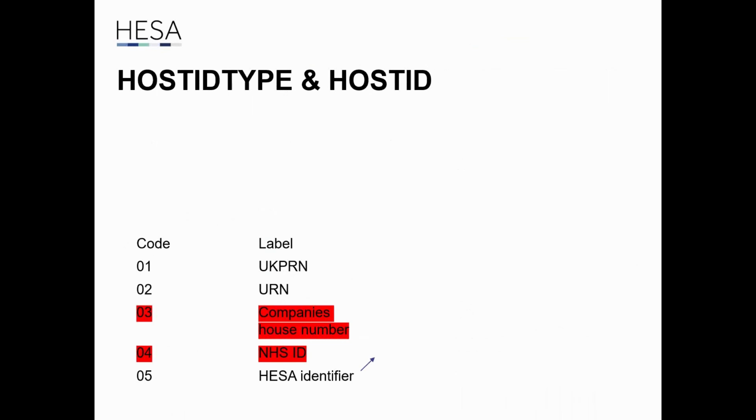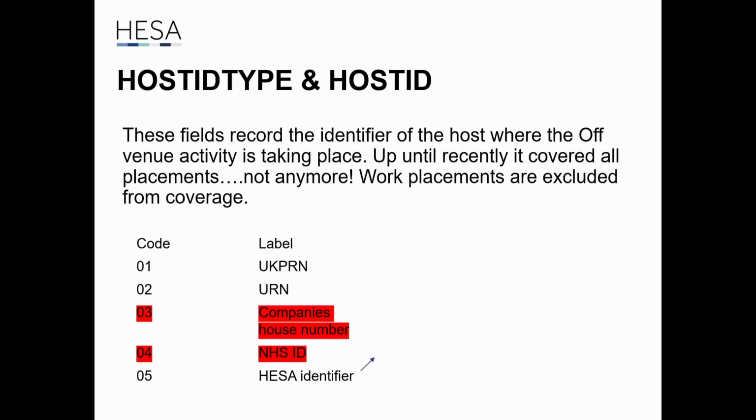And then we've got host ID type and host ID. This records the identifier of the host where the off-venue activity is taking place. Up until quite recently, it covered all placements, but work placements are excluded from the coverage. There wasn't a requirement to break that down even further, so we removed some of the codes there. Companies House number and NHS ID have been removed. So we've got 3 codes here. You've got a UK PRN, which could identify if the student studies at a partner, a different organisation that a provider might be collaborating with.